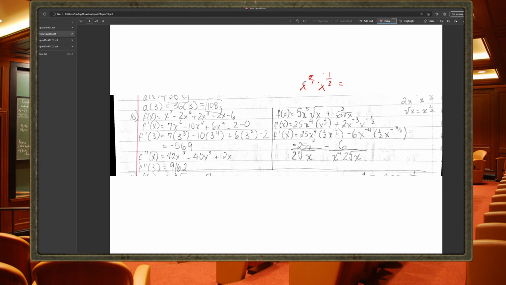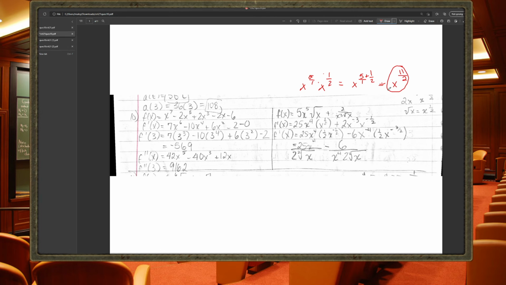Well, if we have x to a power times x to another power, it's really the sum of those powers. This is x to the 5 plus a half, right? So if 5 is really 10 halves, then we could write this as x to the 11 halves, right? Because if this is 5 over 1, this is really 10 over 2. And so we're left with this.